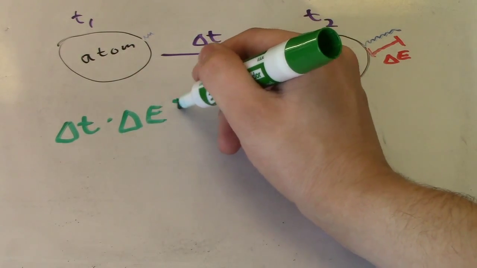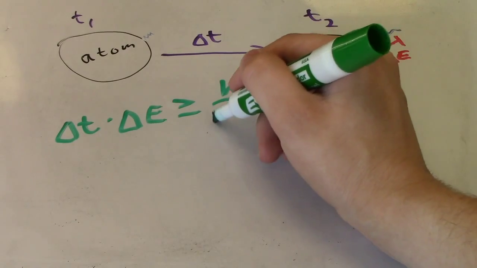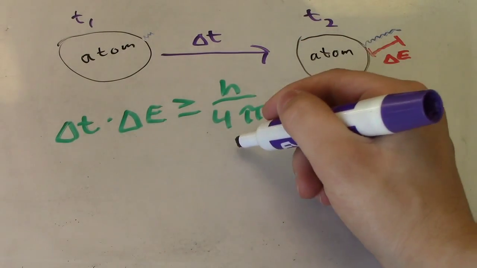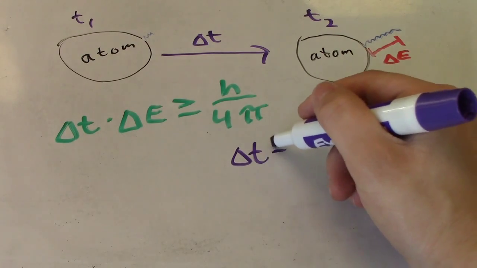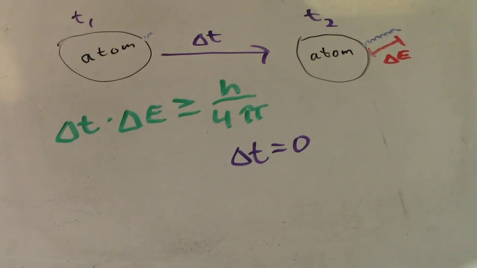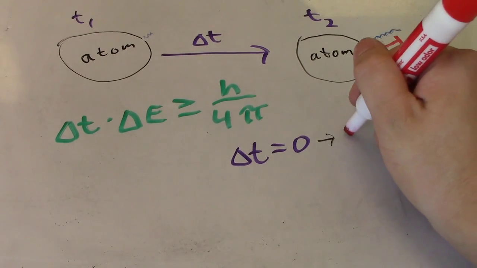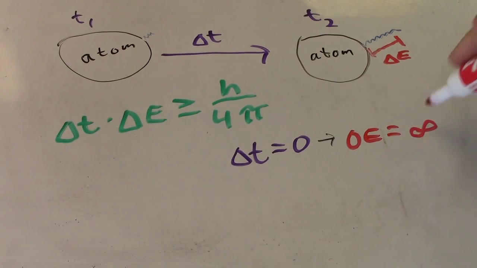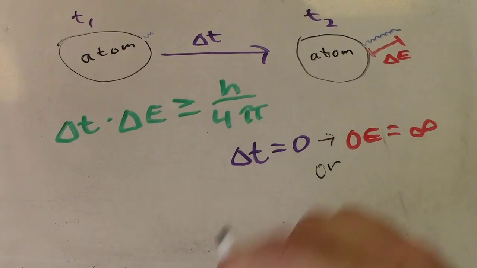Mathematically, this is represented by delta t, the uncertainty in time, times delta E, the uncertainty in energy, has to be greater than or equal to Planck's constant, h, divided by 4 pi. An example to help explain this would be that if we only measure the emission for a few nanoseconds, we only get a very brief glimpse at the energy leaving.